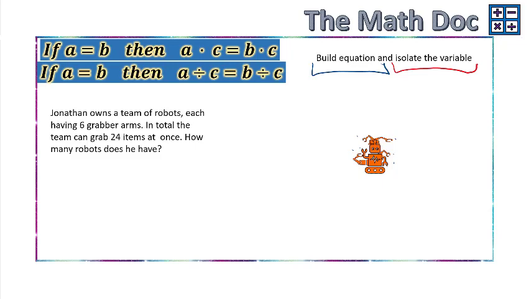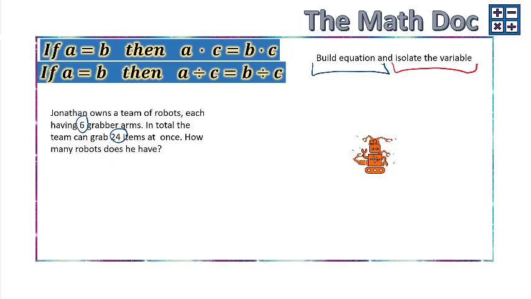Okay, so let's again highlight what we actually know. So Jonathan owns these robots, and each has 6 grabber arms. In total, the team can grab 24 items at once. That basically means that the team has 24 grabbing arms.